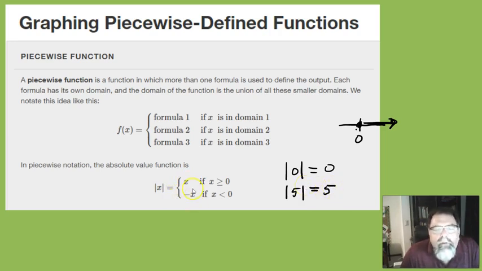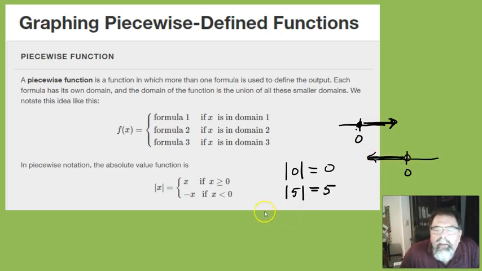Now on this one, don't read this as negative x. Think of this as the opposite of x. So the absolute value of x is the opposite of x if x is less than 0. So think about on the number line, what kind of numbers are less than 0? Well, those are negative numbers.